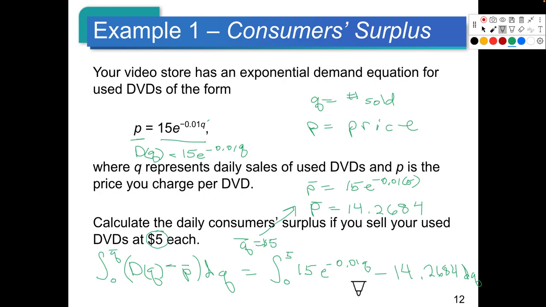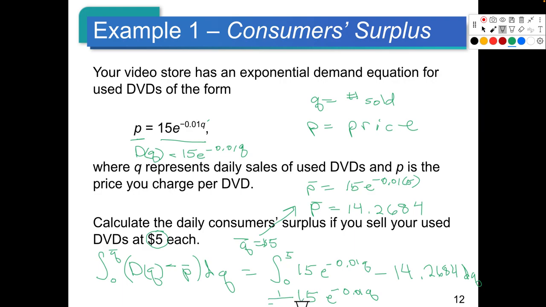Now we've got the formula, and our limits going from 0 to 5. This first part is the hardest part to integrate, right? This is e to the minus 0.01 q, or x if you want to think of it that way. That's our variable. So this first part is going to be 15 e to the minus 0.01 q, and then this number in front, minus 0.01, we have to divide by that when we're integrating.